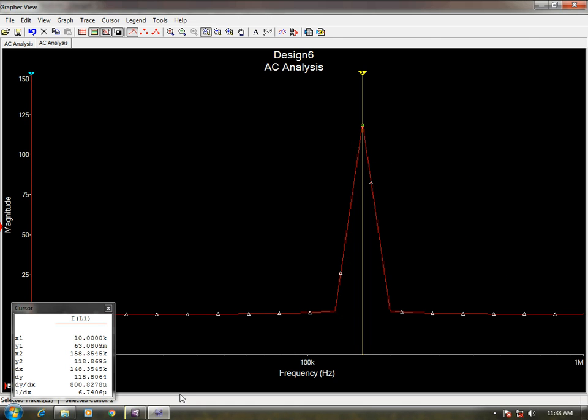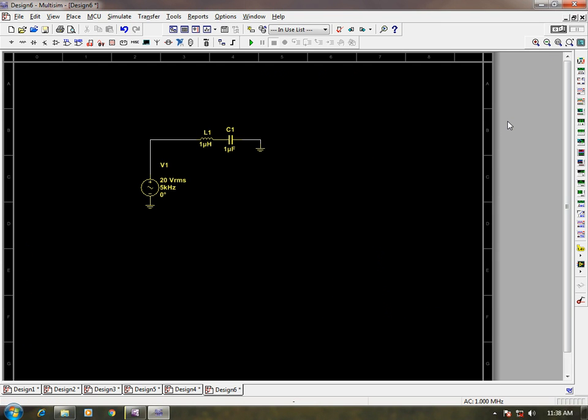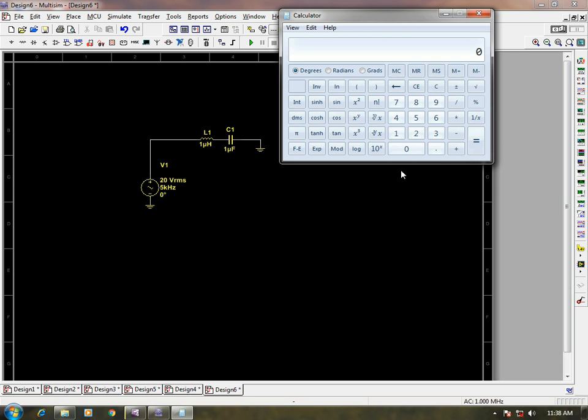If you want to check whether this frequency has been properly selected, you can simply take the formula 1 by 2 pi root LC and compute it on a calculator. Compute 10 to the power 12, square root of this, and then divide by 2 pi. It is not matching the result.